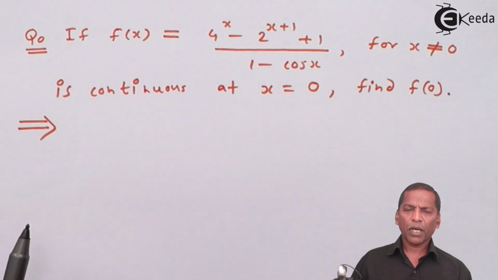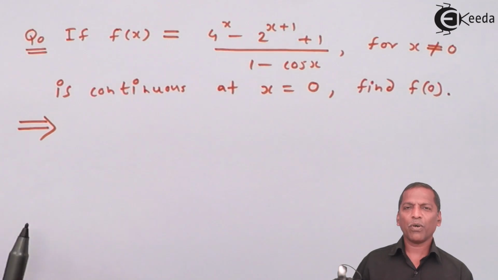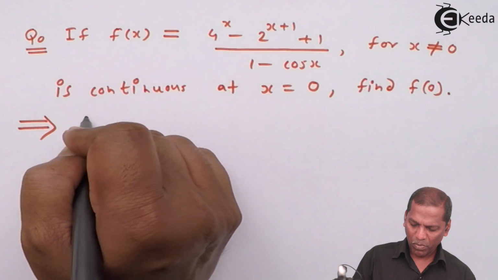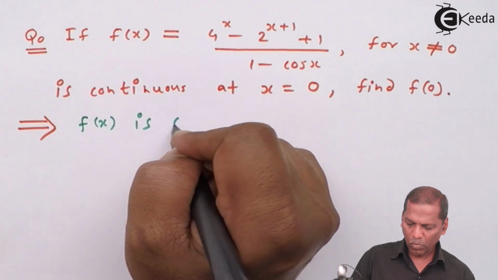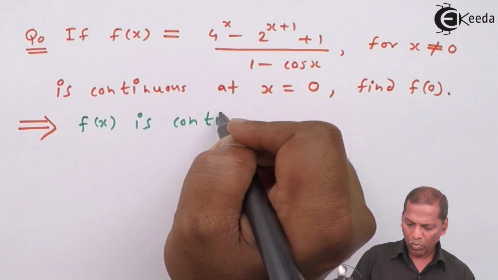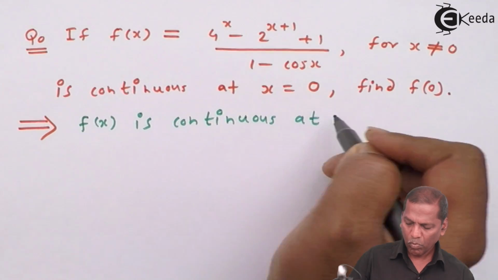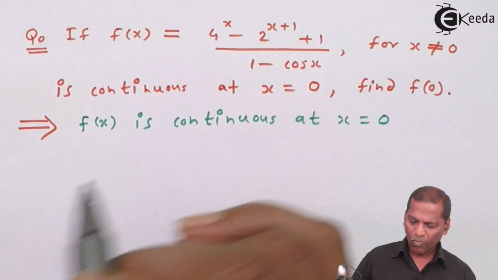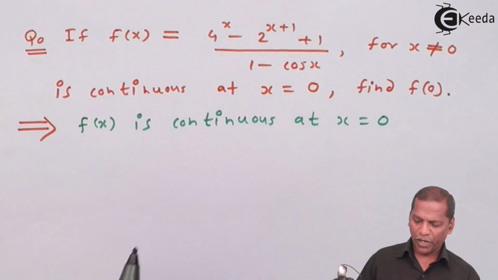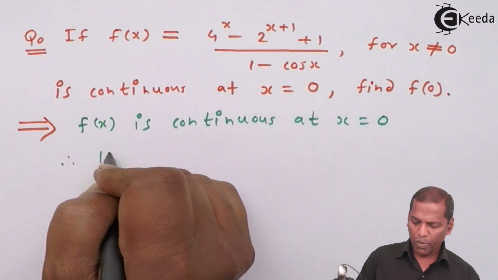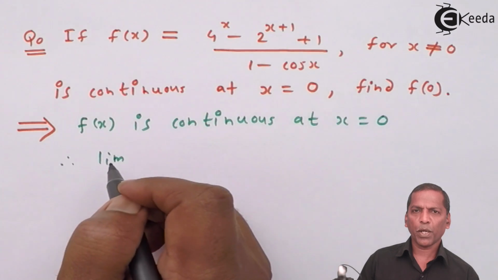Solution. Here given f of x is continuous at x equal to 0. Therefore, by using the definition of continuity, we have limit x tends to 0 f of x is equal to f of 0.